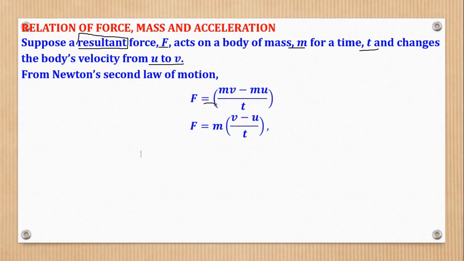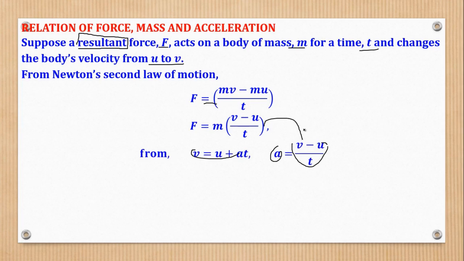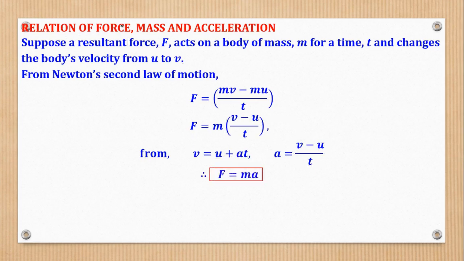So I can rearrange to come up with that. Then I remember that from the first equation of motion, when I make a the subject, it will be v minus u over t, which is similar to this. What does that mean? That means I can replace the whole of this with a to come up with the relationship between force, mass, and acceleration.